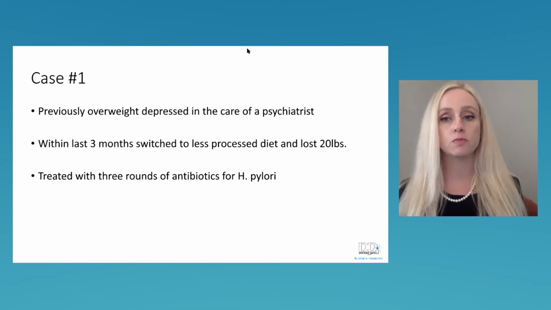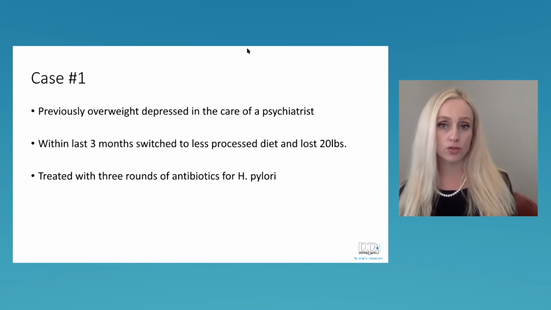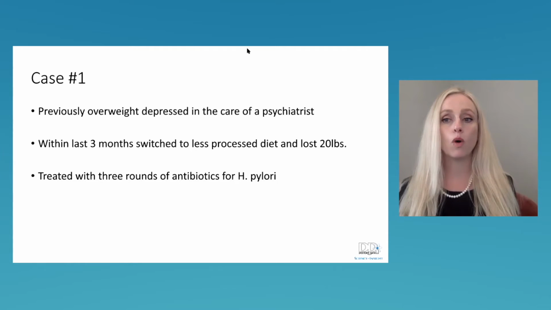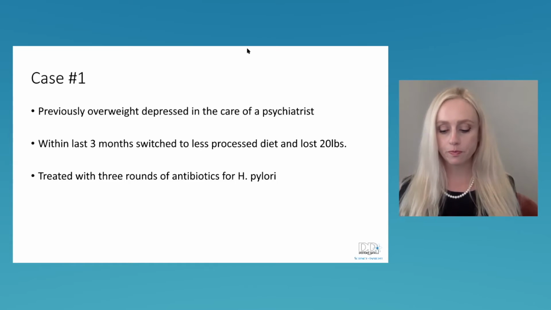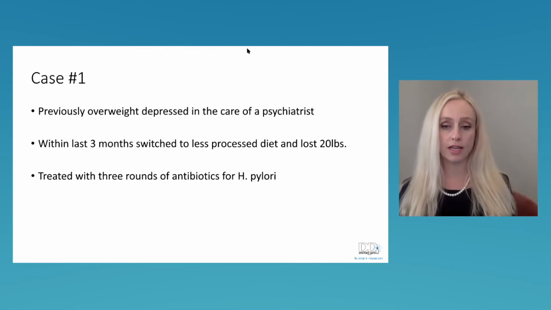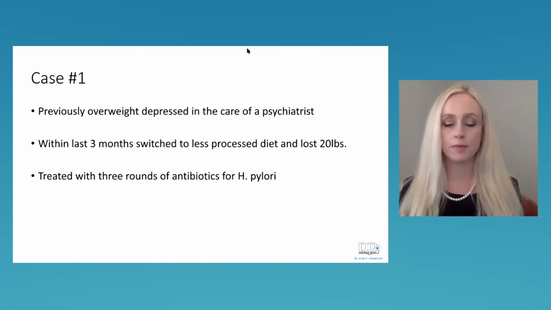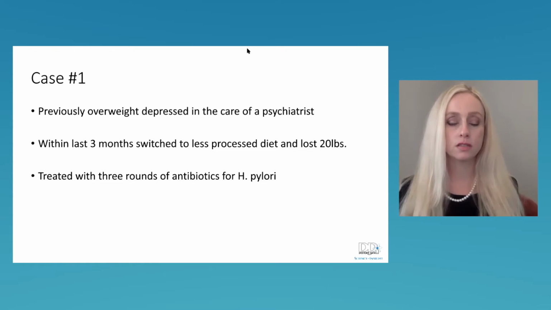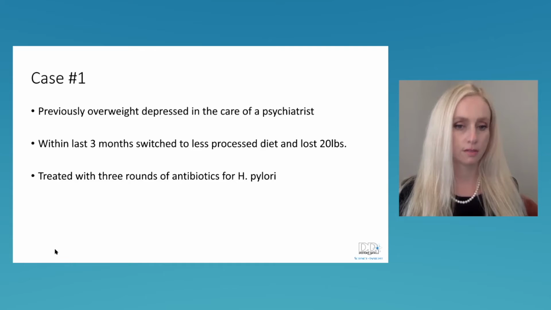And so the patient moved away from that and was able to actually lose 20 pounds. This is about 1/4 of the goal weight loss here, okay? So that's pretty good. And then a recent significant history, including 3 rounds of antibiotics for H. pylori. And that might be something you see in your clinic quite often, H. pylori as well. So this might be something that you see.